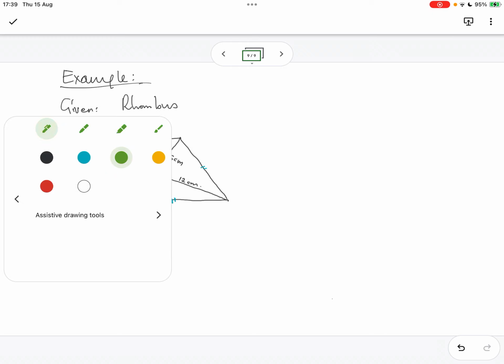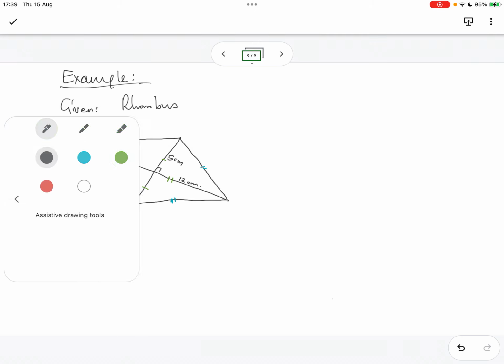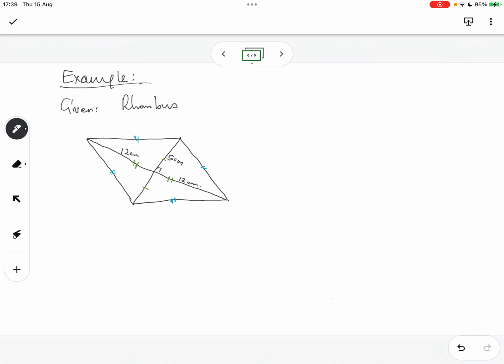But also, both of the diagonals cut each other in half, right? So the diagonals of a parallelogram cut each other in half. But for a rhombus, when they cut each other in half, then they're all equal. No, they're not all equal. Sorry. What it also means is we would have 12 centimeters there and another 5 centimeters there.